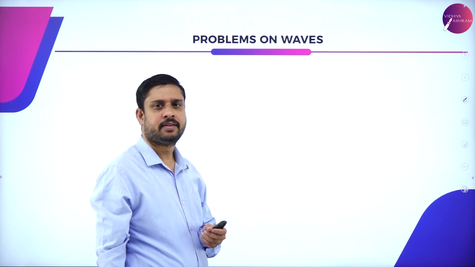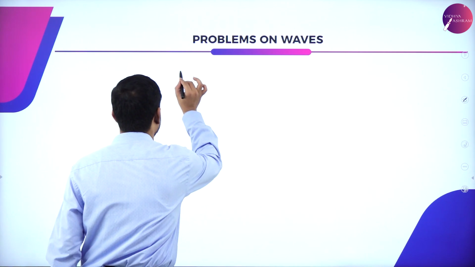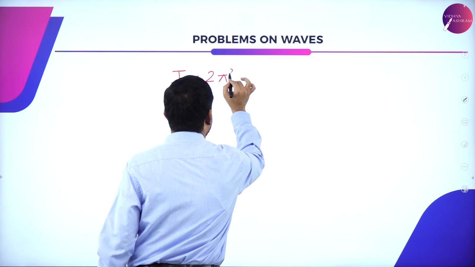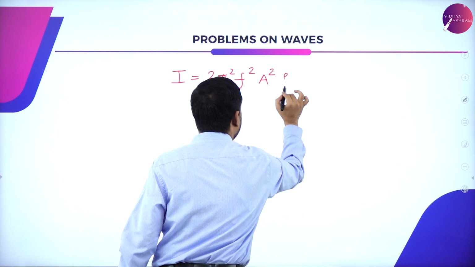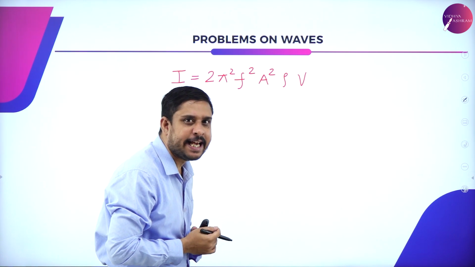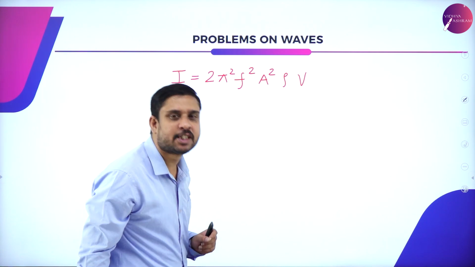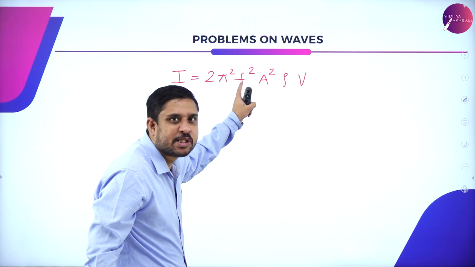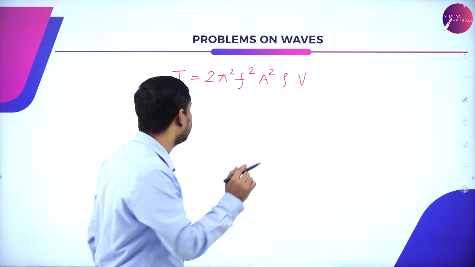Now we have a direct, well-defined expression for intensity. Very clearly, intensity of a wave is given by the expression I equals 2 pi square f square a square rho into v.